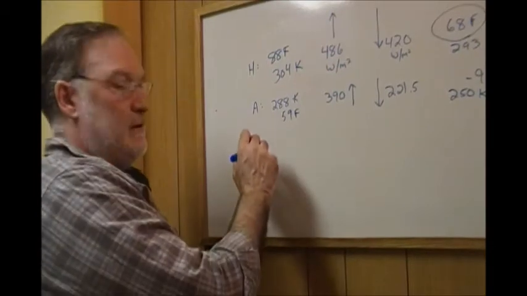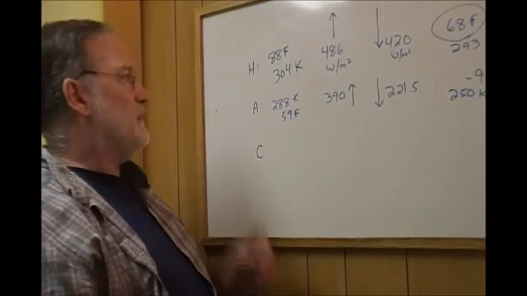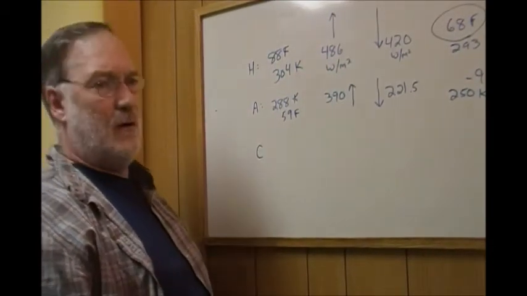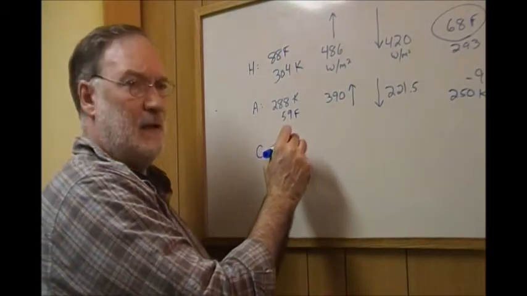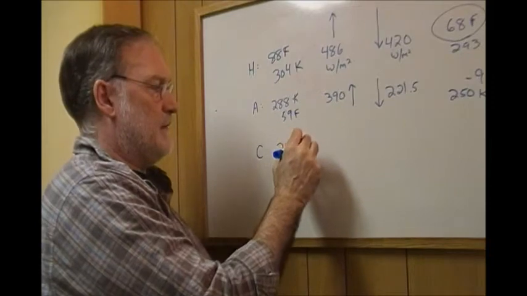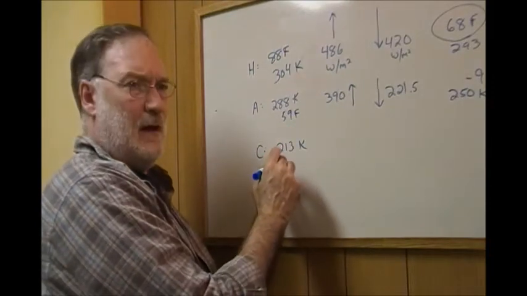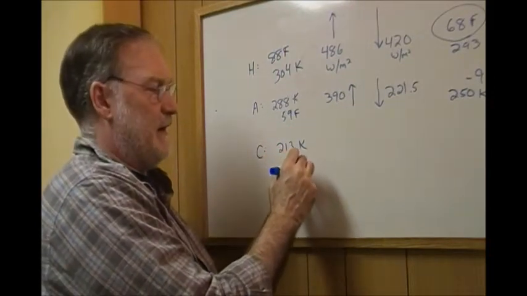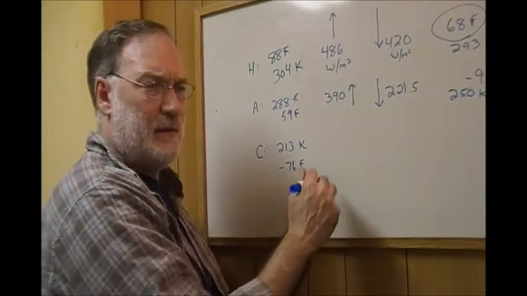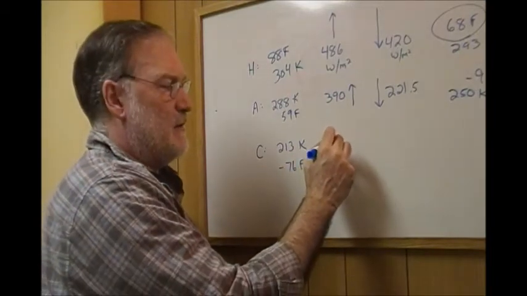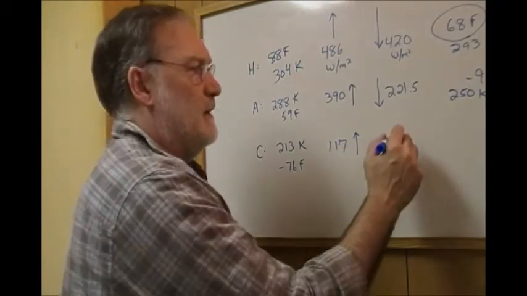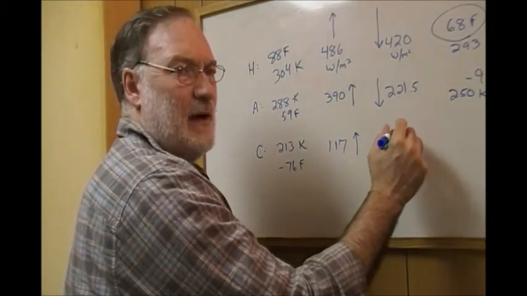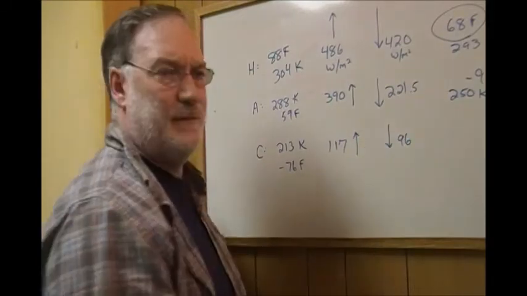And then we have the coldest. All right, so we have the hottest, we have the average, and we have the coldest. So the coldest temperature, you've got 213 Kelvin at the South Pole. This is minus 76 Fahrenheit on the average coldest temperature. That corresponds to 117 watts per square meter going up. They measured 96 watts per square meter coming back down.